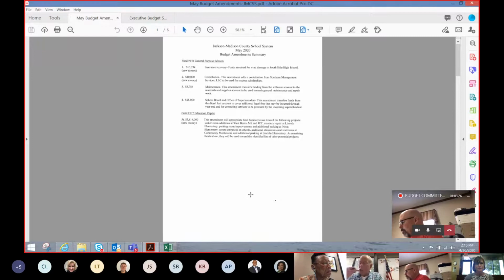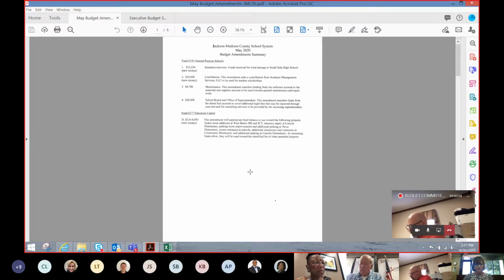Maintenance department is transferring funding to be used for general maintenance and repair work. Item number 4 is $28,000. This is transferring funds from our diesel fuel account to cover additional legal fees that may be incurred through year end, as well as consulting services to be provided by the incoming superintendent.